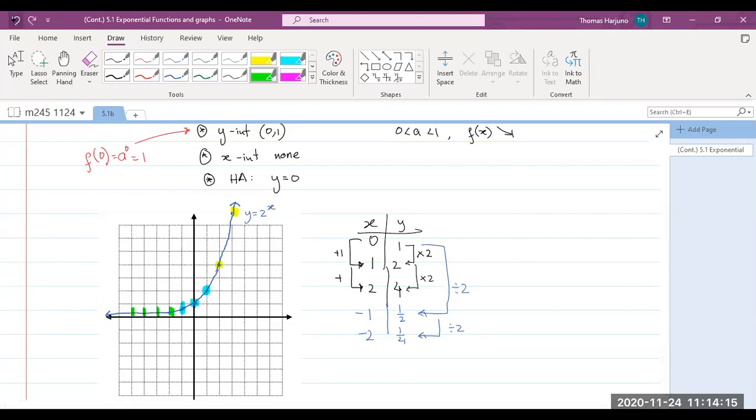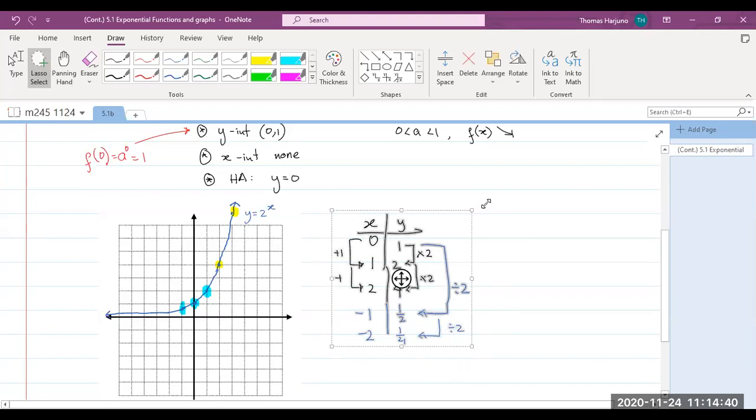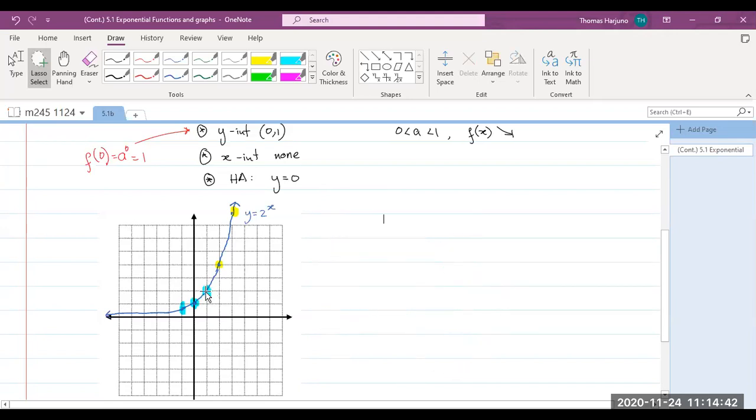When I ask you to do graphing for the exponential function, I need you to provide me these 3 important coordinates. These coordinates are the ones related to the y-axis. You move 1 unit to the right, 1 unit to the left. When we do transformations later on, these 3 coordinates that I highlight in blue will also move.